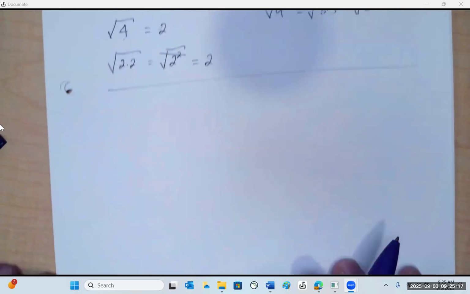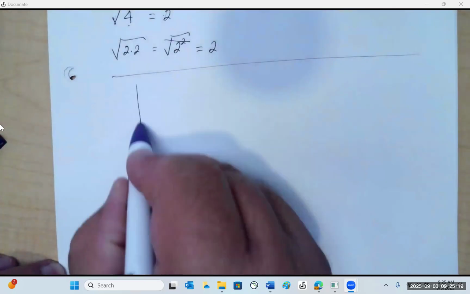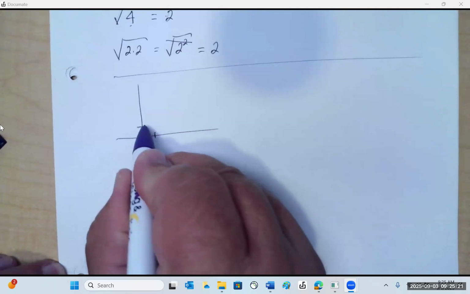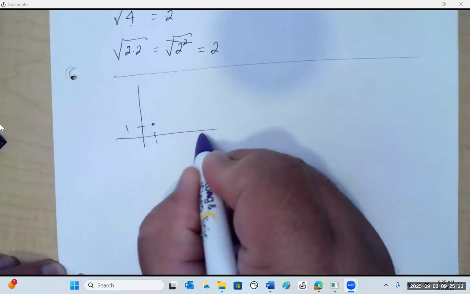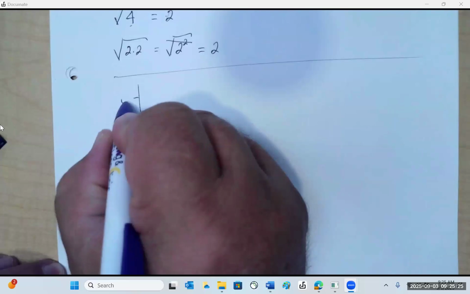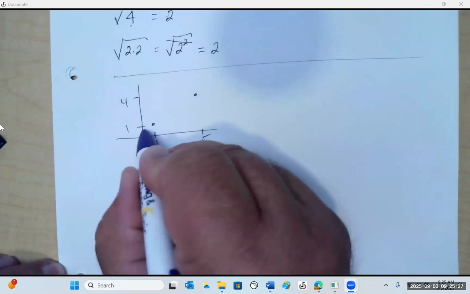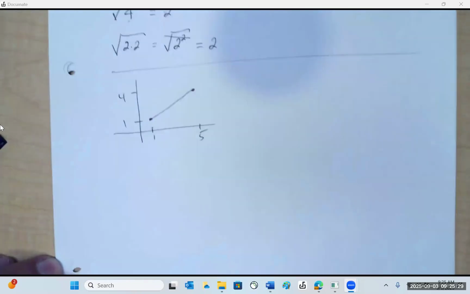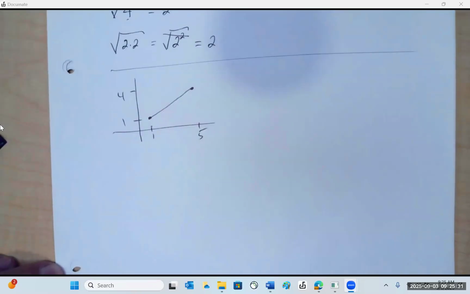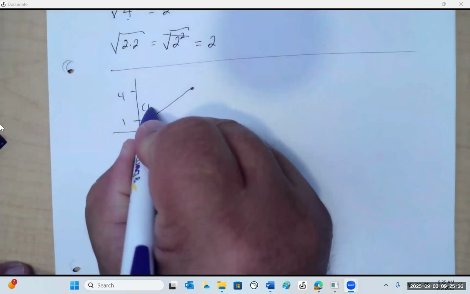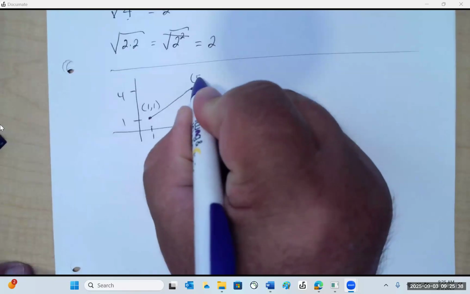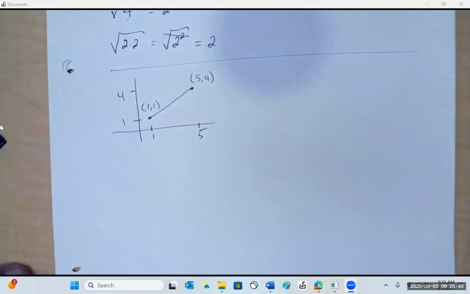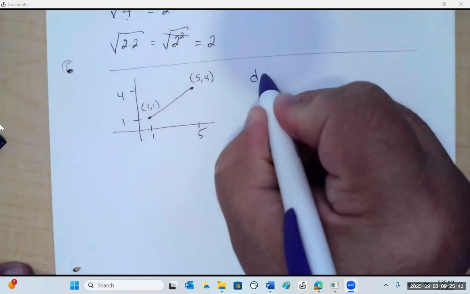So back to our original picture. From 1, 1 to 5, 4. How far is it between there? So we're at 1, 1, and this is at 5, 4. What is the distance?